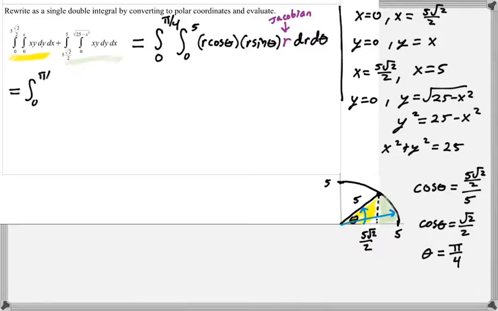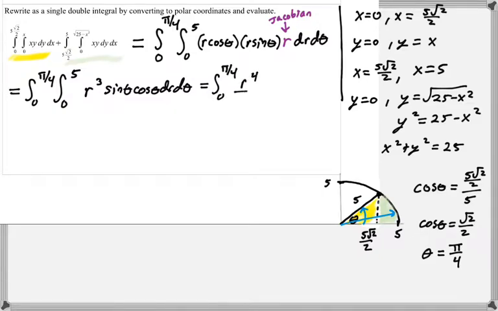So we've got this integral from 0 to pi over 4, integral from 0 to 5 of r cubed sine of theta cosine theta dr d theta. So that's going to be equal to the integral from 0 to pi over 4 of r to the 4th over 4, and then u is sine and du is going to be cosine.